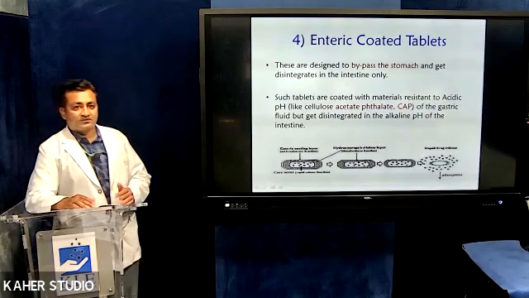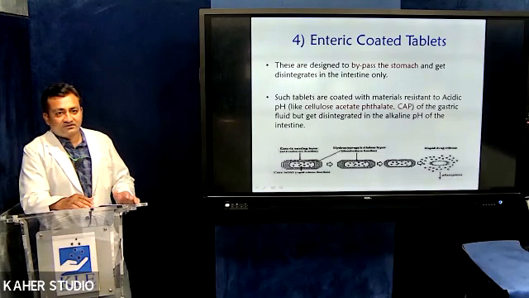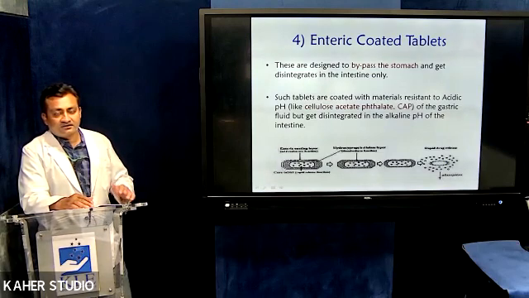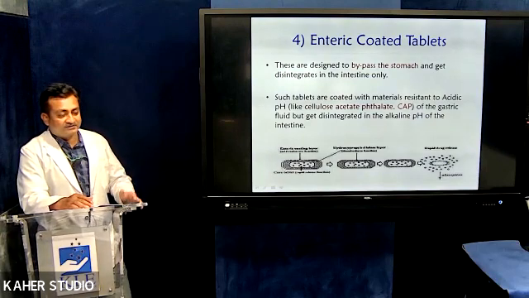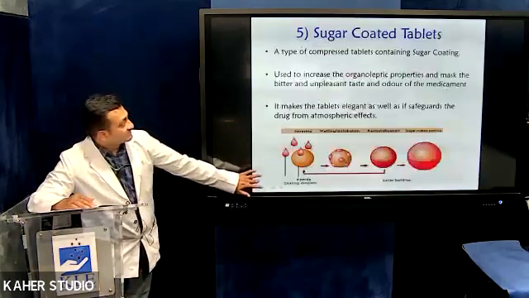So such tablets are coated with materials resistant to acidic pH. Example is cellulose acetate phthalate; it resists the gastric fluid but gets disintegrated in the alkaline pH, and after disintegration, the drug is released and the dissolution and absorption takes place.